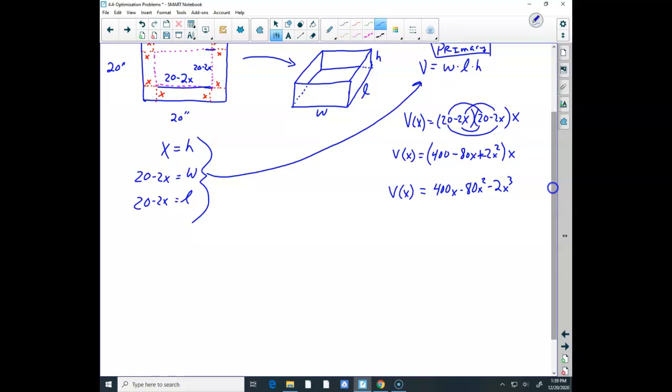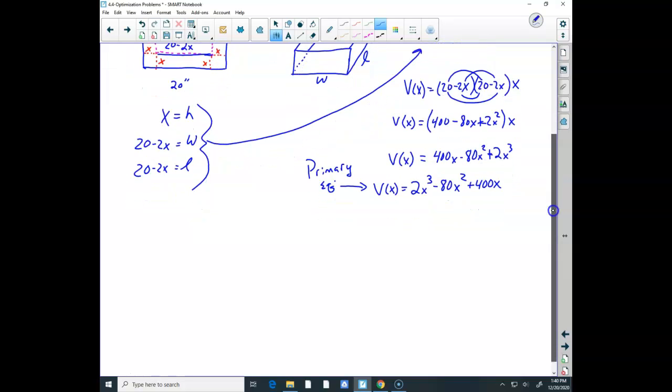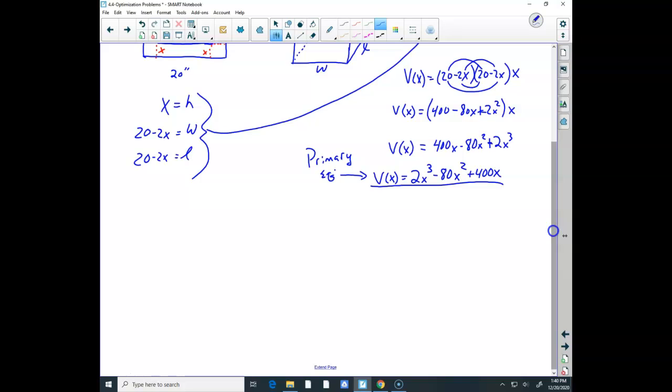Most people like to take their volume and say it's 2x cubed minus 80x squared plus 400x, because lots of people like it in descending order. There is my primary equation.